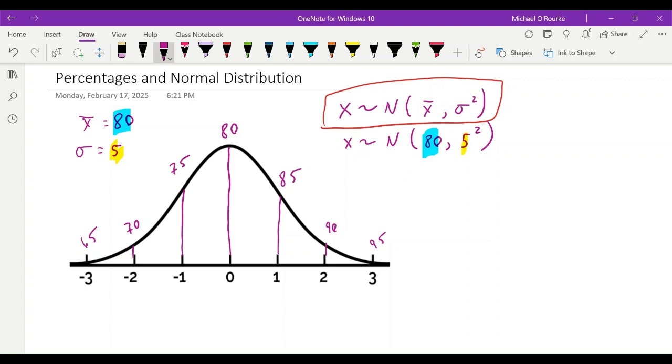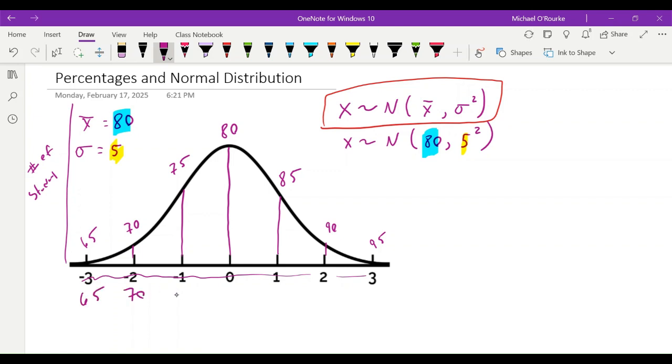Okay? But what's this tell you? That's the question here. And then we're going to apply it to percentages. So what does it tell you? So if this was a test, along this axis here would be the number of people, the number of students. And this would be marks.